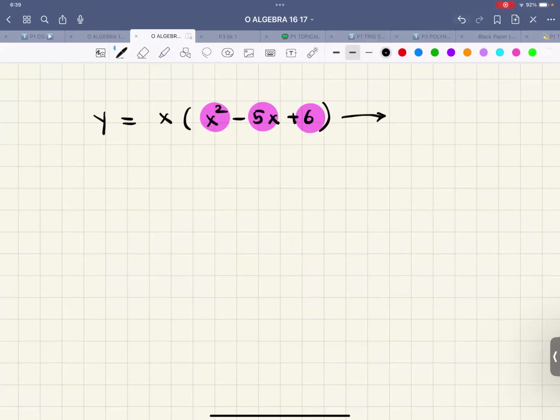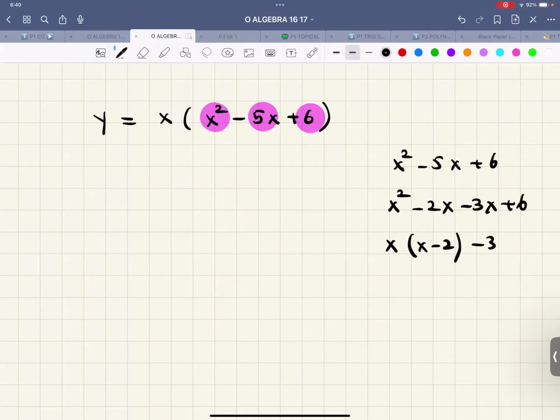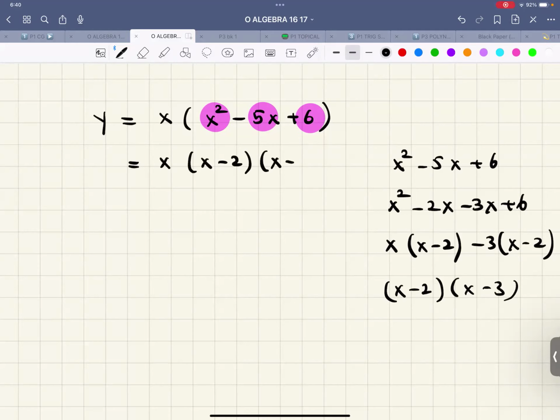If I factorize just this much, that is x squared minus 5x plus 6, that is x squared minus 2x minus 3x plus 6. That is x bracket x minus 2 minus 3 bracket x minus 2. This is all middle term factorization. So this is x minus 2, x minus 3. This is known as factorized form of the cubic equation.